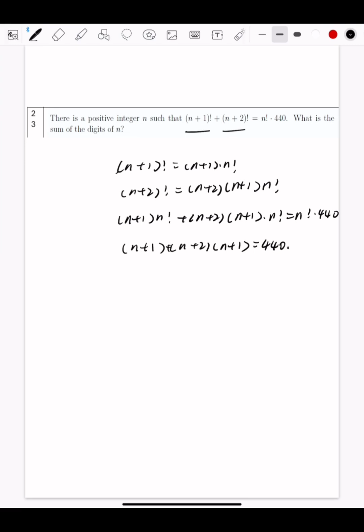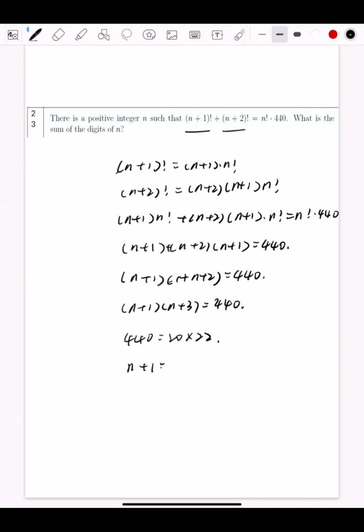Then factor out n plus 1. And factor here. We have n plus 1 equals 20, and n is here.